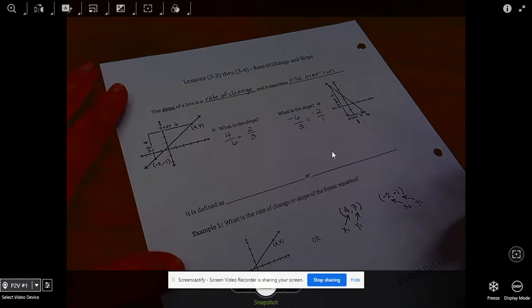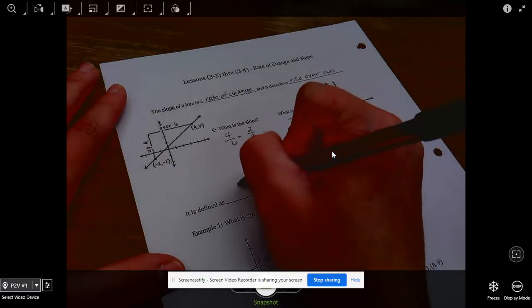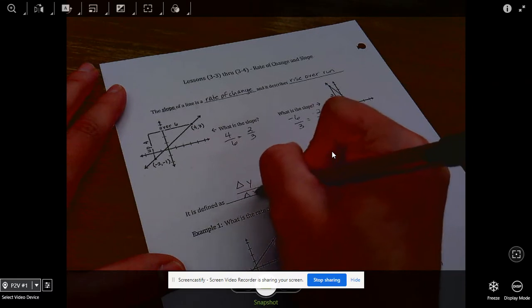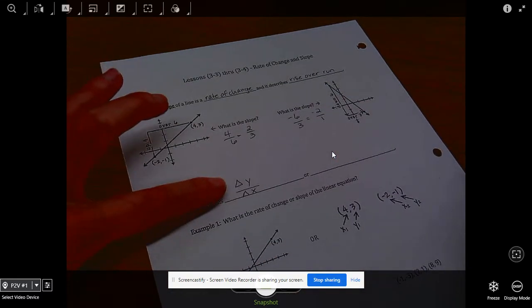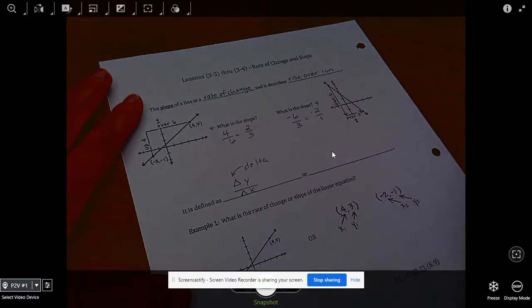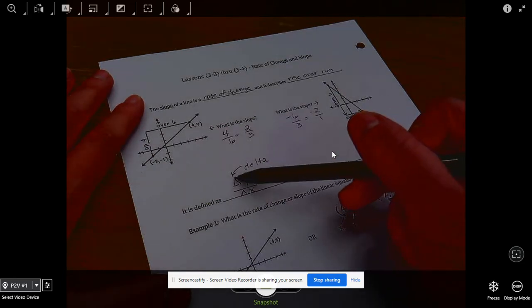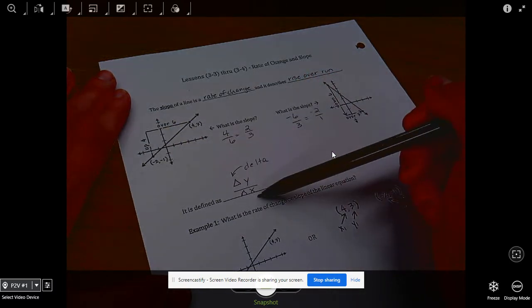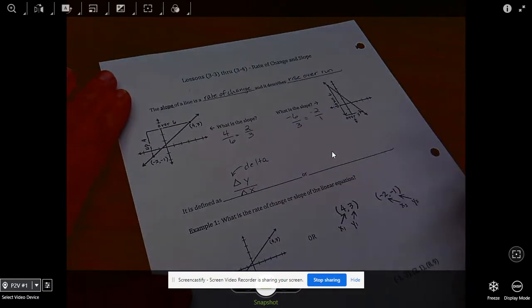So it is defined as our change in y over our change in x. This little triangle here called delta is simply a Greek symbol, okay? It means, in this instance, the differences in our y values over the differences in our x values.